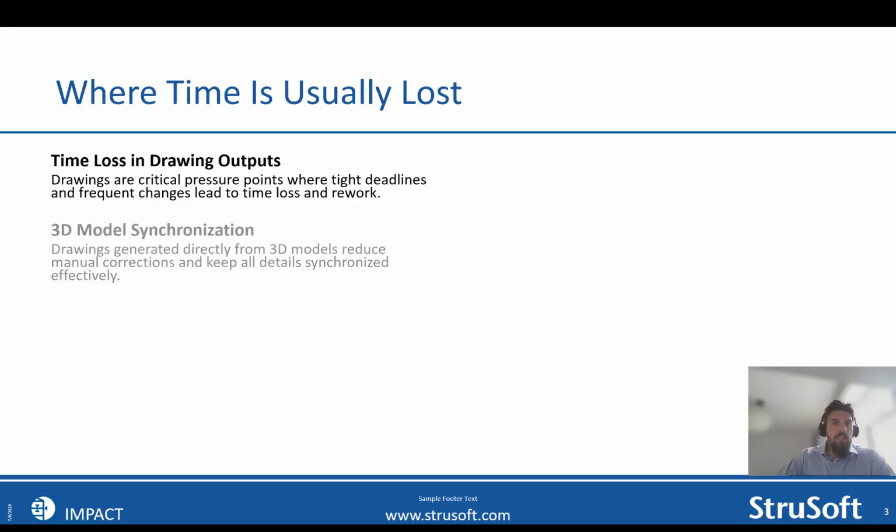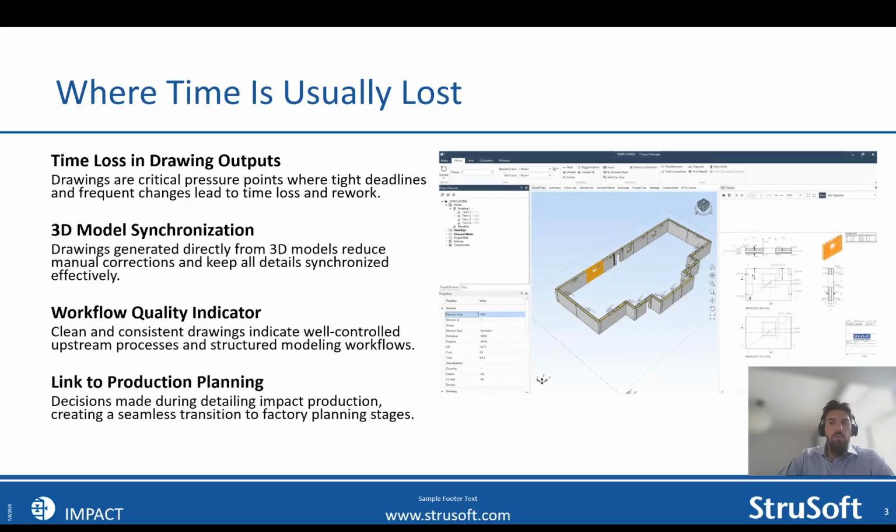Yes, again, this is just a follow-up on where the time is usually lost. We are losing a lot of time, of course, in actually creating the drawing outputs. A lot of times we need to do a lot of rework. As I mentioned before, the 3D model synchronization is not really easy to achieve through many different software. And of course, we need to have a quality indicator of our workflow.